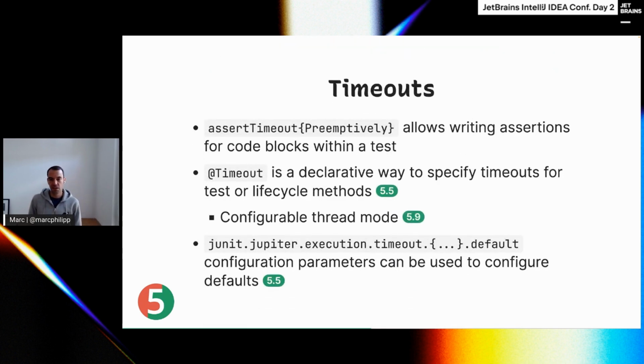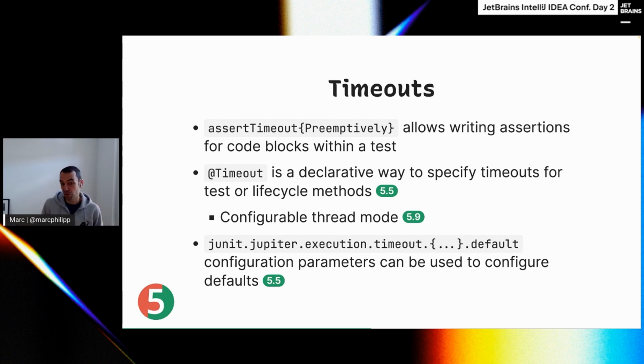Another thing that's built in and also implemented using extensions is timeouts. Since the beginning, since 5.0, there was the timeout assertion method, right? That lets you assert timeouts within a code block, within a test. But since 5.5, there's also this declarative way of defining a timeout using an annotation. You can put the timeout annotation on a test or a lifecycle method.